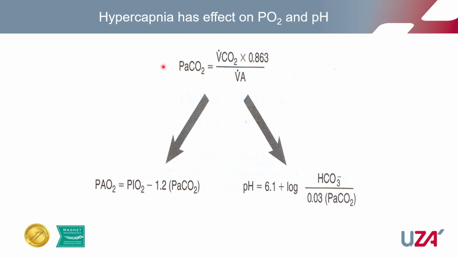As CO2 production is usually stable, the alveolar ventilation is the most important factor determining the PaCO2. Meanwhile, the alveolar oxygen tension and thus also the arterial oxygen tension is dependent on the pCO2 in the arterial blood. Likewise, pH depends on the arterial carbon dioxide tension.